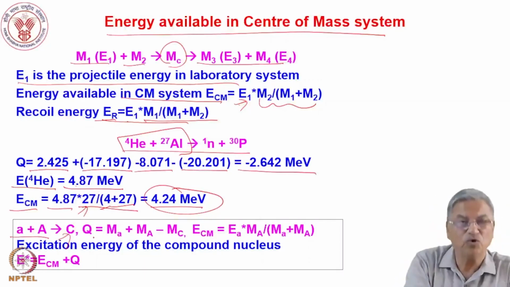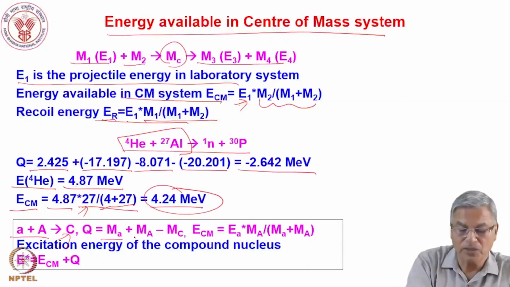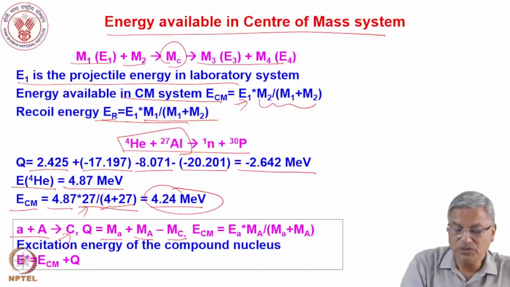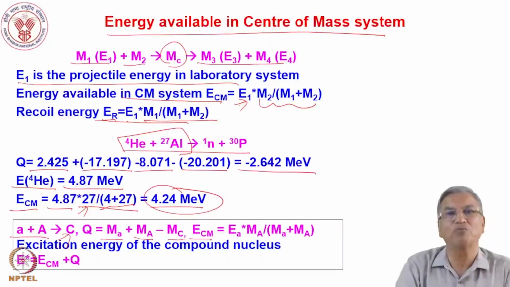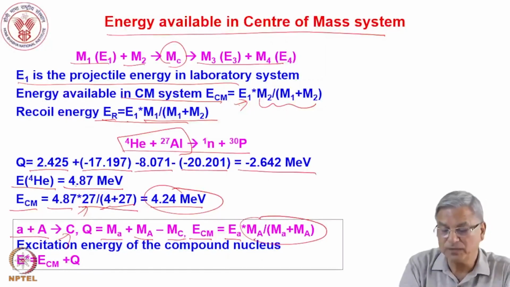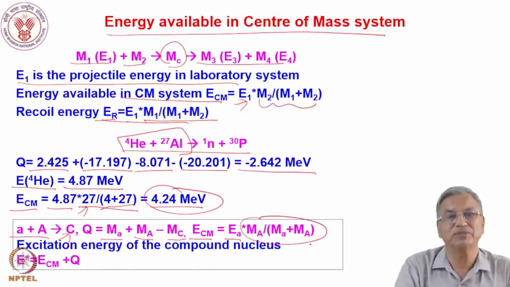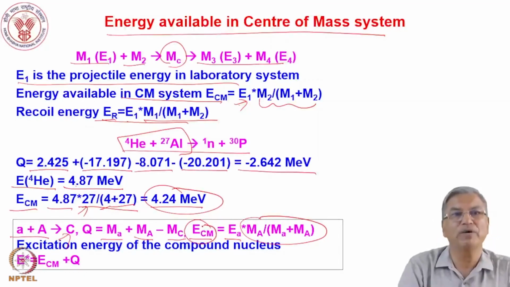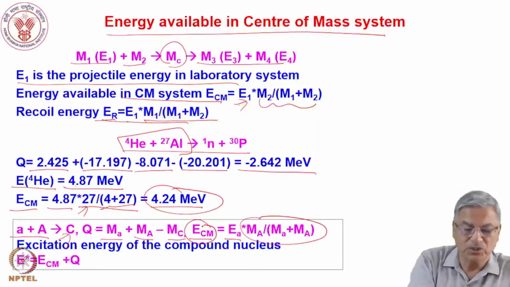The Q value for formation of the compound nucleus is the mass of projectile plus mass of target minus mass of compound nucleus. And the energy available in the center of mass is the energy of the projectile times the ratio of target mass upon projectile plus target mass. So this is the energy available in the center of mass system, and this is the Q value.